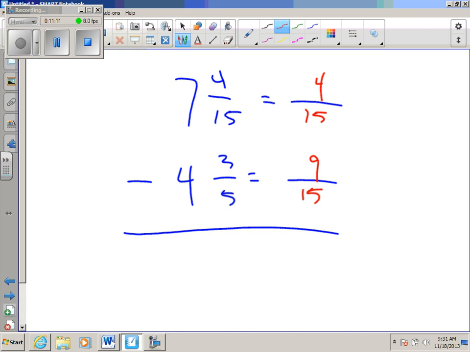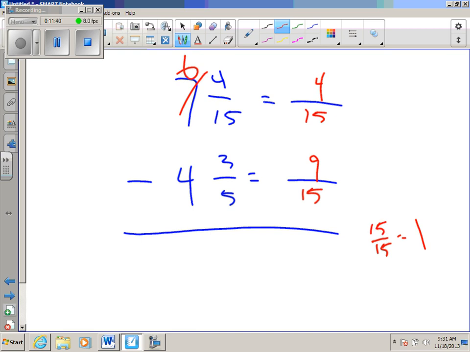So what we need to do is we're going to borrow one whole from our whole number department. What's our denominator? 15. Okay. So if I took one whole, how many 15ths is that? How many 15ths is one whole? 15, right? 15 15ths equals one whole.